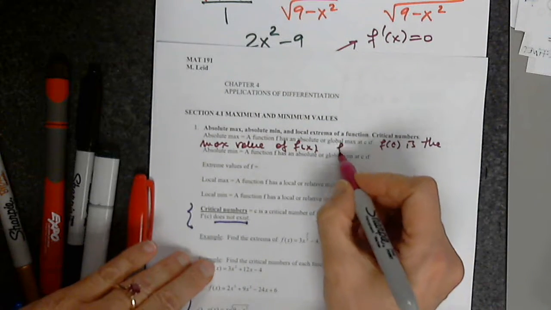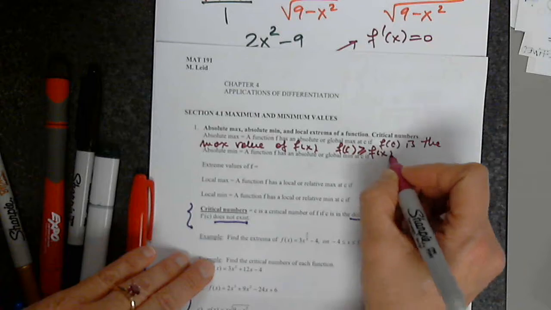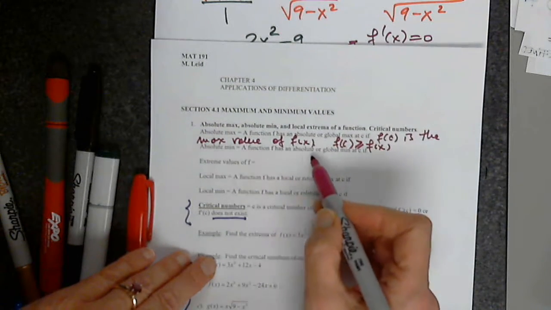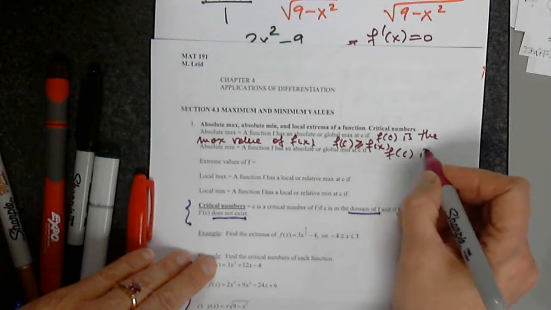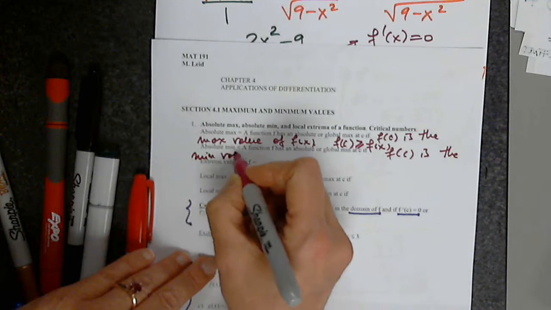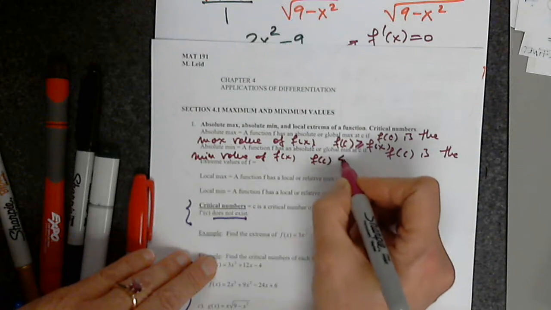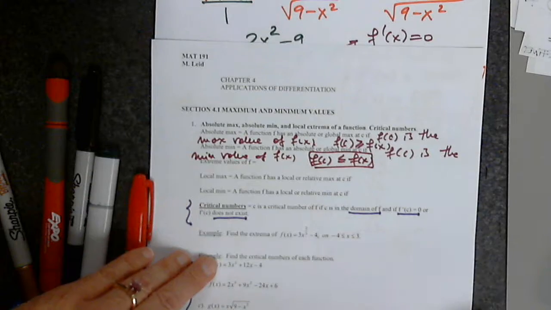So in other words, we will say that f of c is greater than or equal to any f of x. So the absolute minimum: a function f has an absolute or global minimum at c if f of c is the minimum value of f of x, which means f of c is less than or equal to any value of f of x.